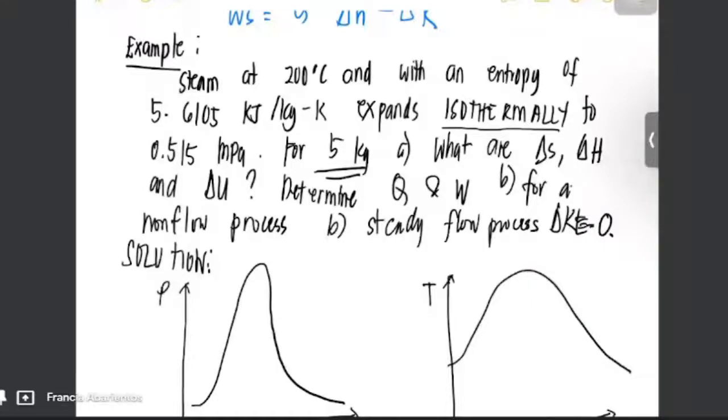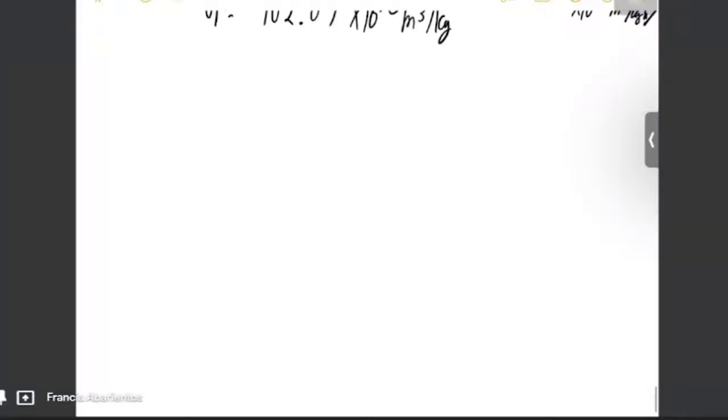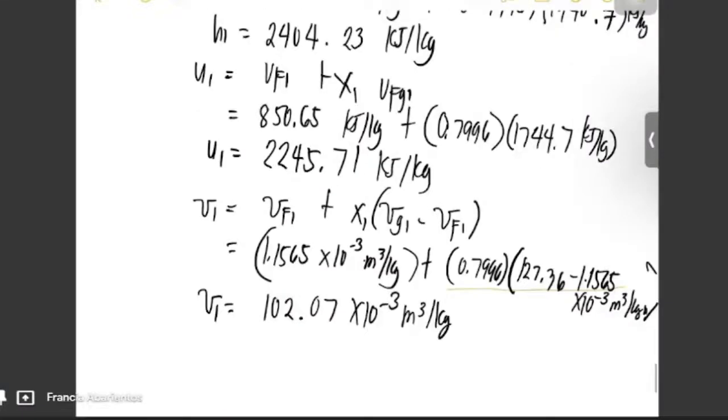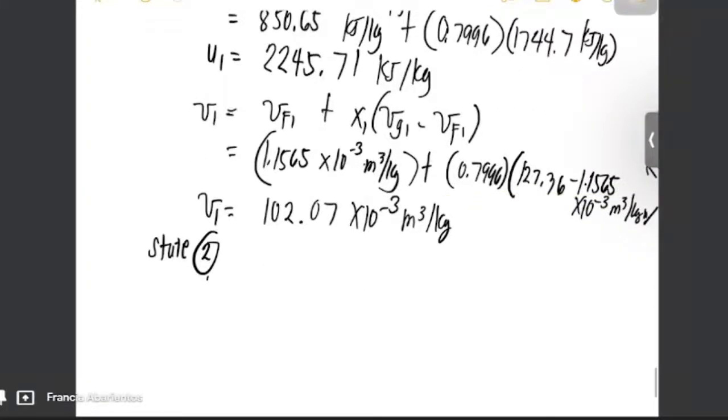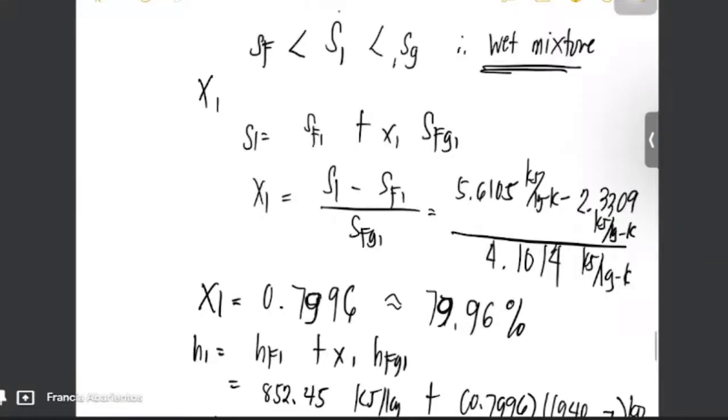Ayan, expands isothermally to 0.515 megapascal. Okay. Paano na yan, class? At state 2. State 2. So, isothermally, temperature 1 is equal to temperature 2, 200 degrees Celsius. But the given pressure now, may pressure dun, class, oh.